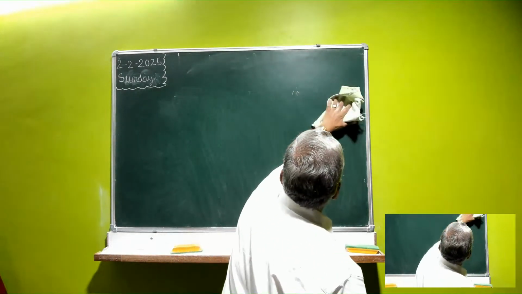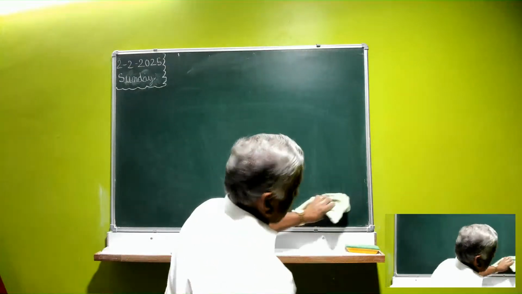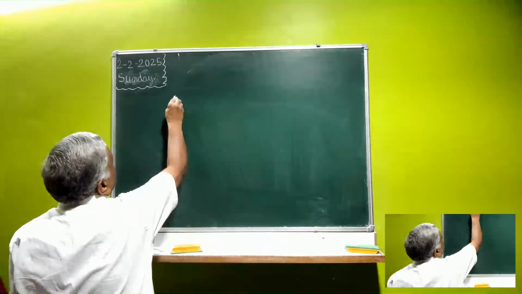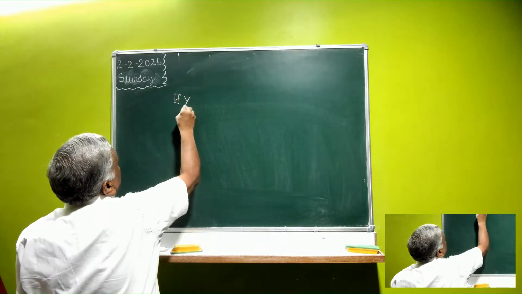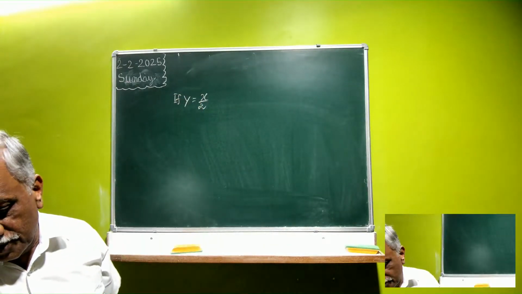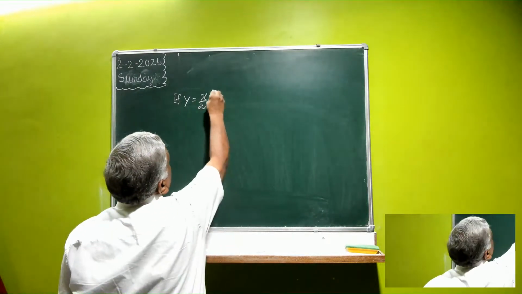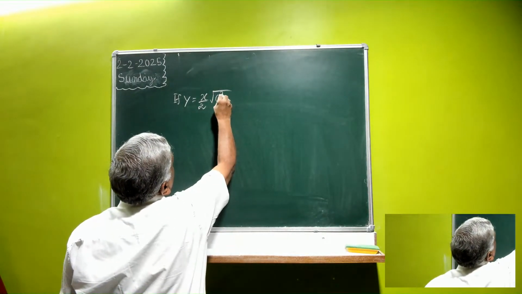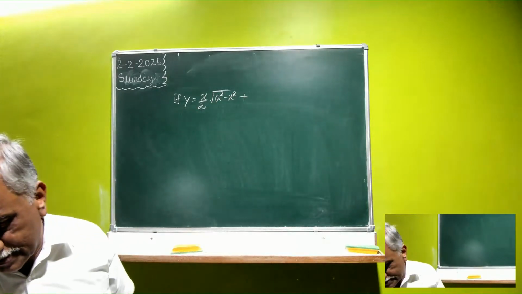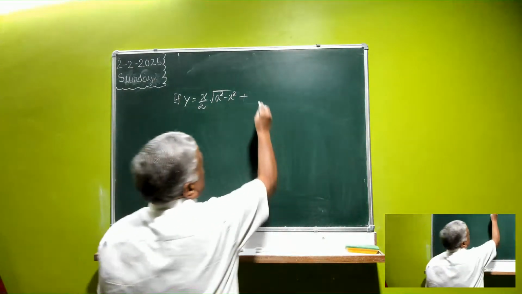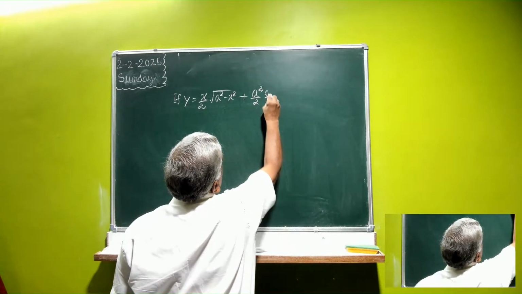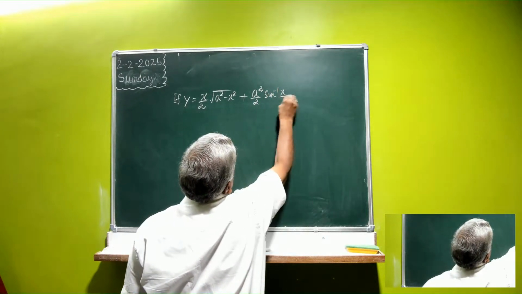Compared to this, the standard of that is going to be a little more. If y is equal to x by 2 into root of a square minus x square plus a square by 2 into sine inverse of x by a.